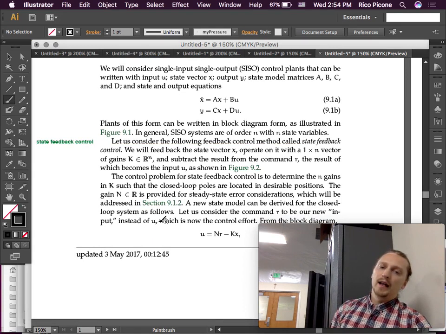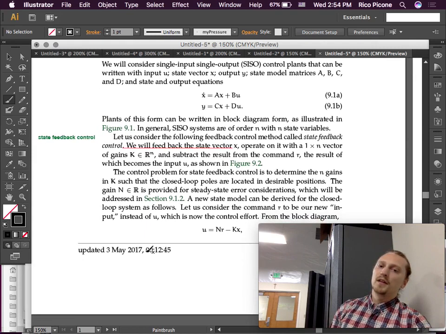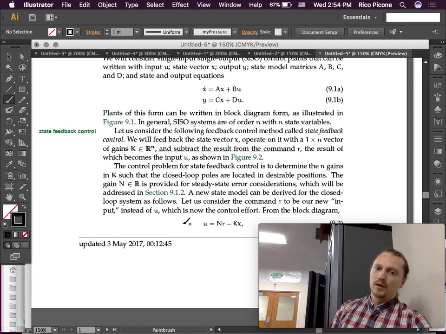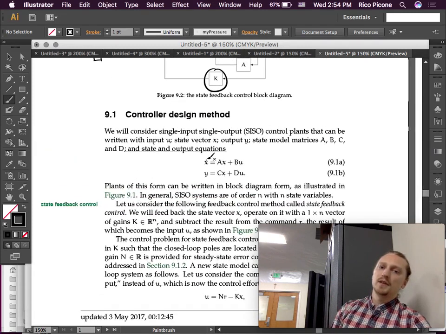A new state model can be derived for the closed-loop system as follows. Let us consider the command R to be our new input instead of U, which is now the control effort. Remember, this was the dynamics of our plant.